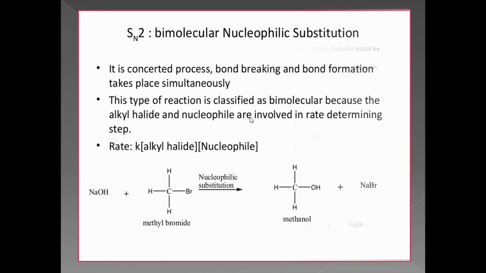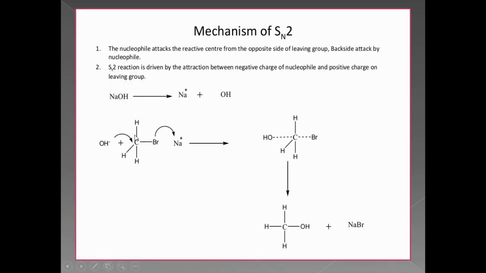Let us see how the mechanism works. Here OH attacks, Br is removed and goes with the Na, and that's why NaBr is formed. In a single step, a transition state can be seen clearly. Here the formation of the OC bond takes place, and at the same time the C-Br bond is broken, so there is only a single transition state, and hence CH3OH is formed.